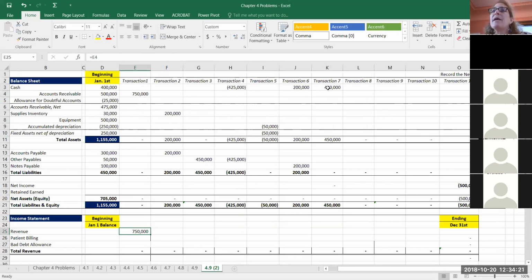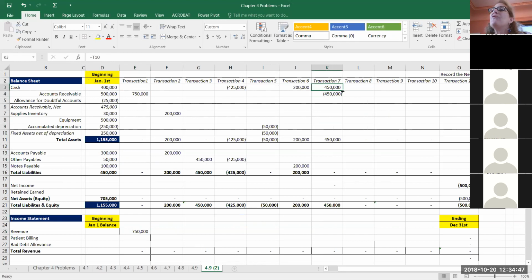But then we created an asset, which means they owe us the money. They owe us $750,000. So now part of them paid that amount. So then we can say they no longer owe us. We've collected on their receivables, so we can subtract that out of their receivables, but we did get cash in exchange.